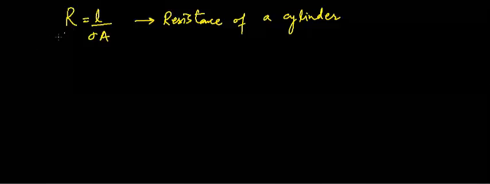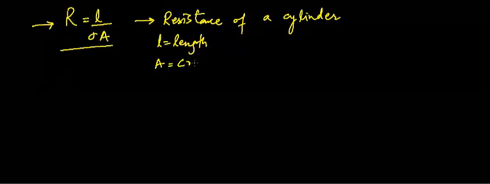Today we are going to revise a bit about the resistance we did before. So, resistance of a cylinder is R equal to L divided by conductivity multiplied with the cross-sectional area, where L is the length and A is the cross-sectional area.